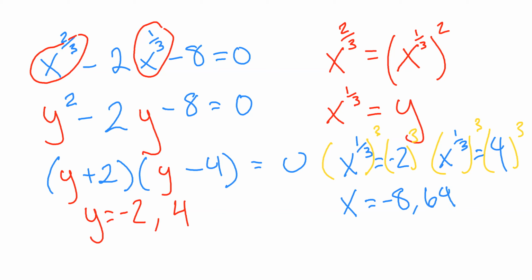Right? All right, so we've got these 2 solutions here. x is either -8 or 64. And it's always a good idea when you use this substitution to go back and check your answers. I'm not going to do that here, but I suggest you check your answers just to make sure that you haven't introduced any false solutions. Okay. I think we have one more example.